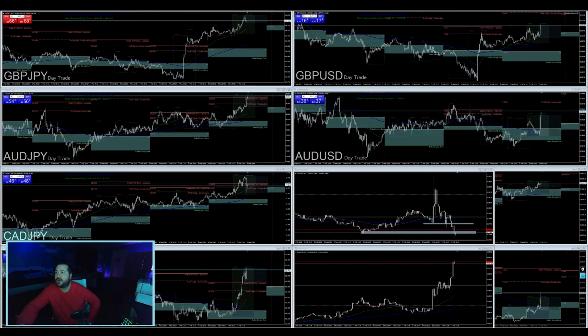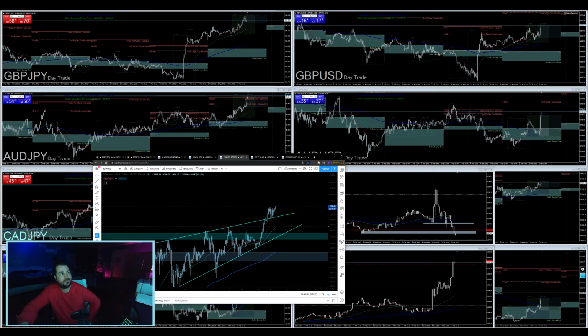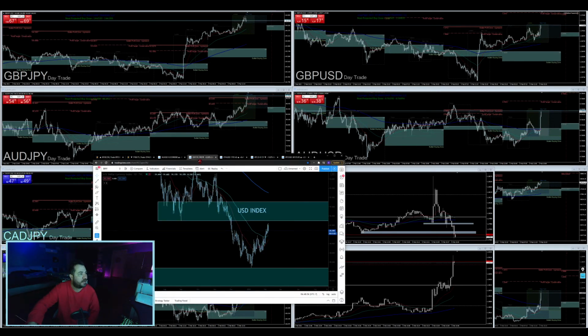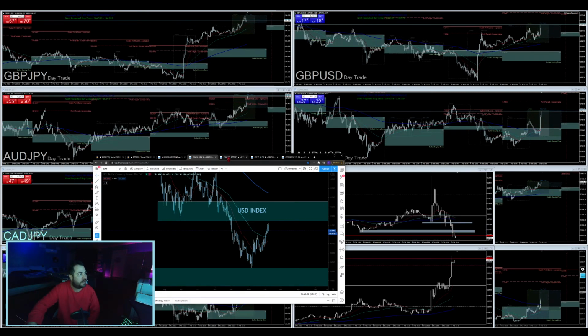Ethereum's breaking out right now. All right, let's take a look at the dollar index. Coming down to a level of support right now on the dollar index.